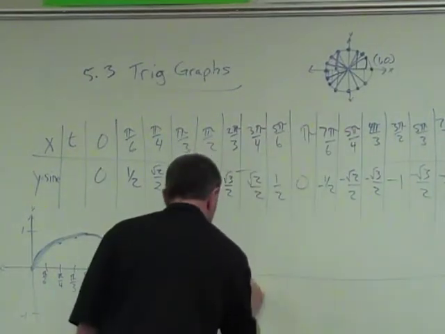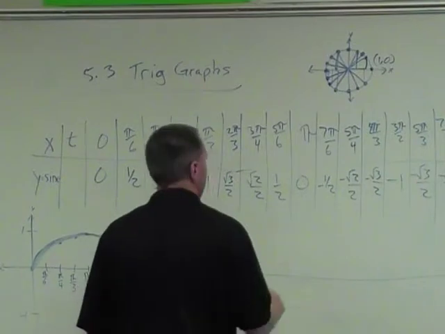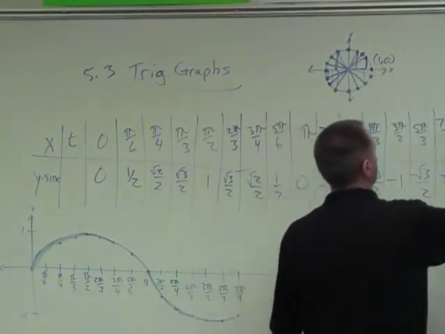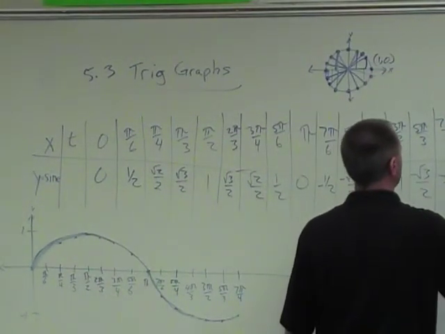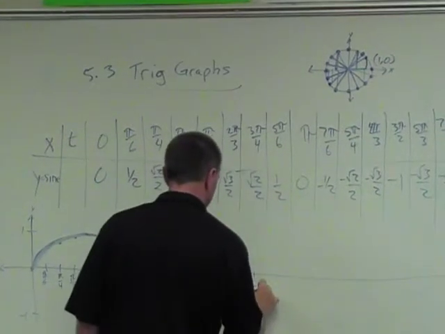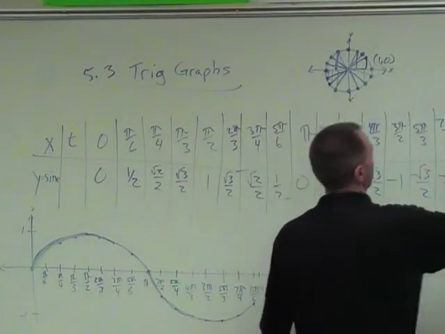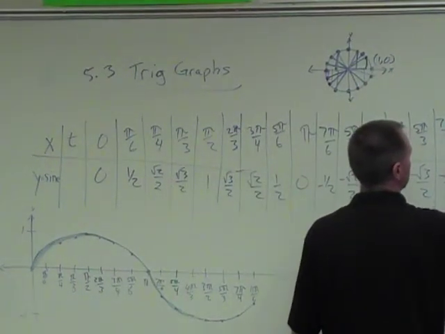Good? And 11 pi over 6. Negative 1 half the y. And then we're back to 2 pi, which is 0.